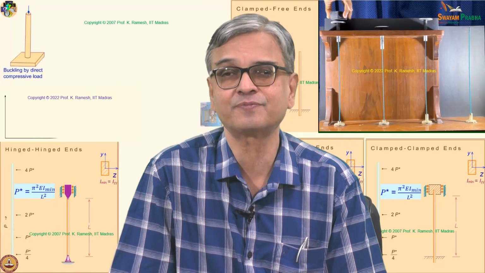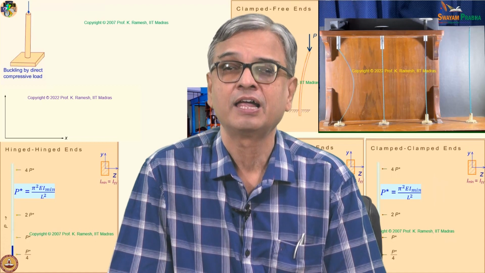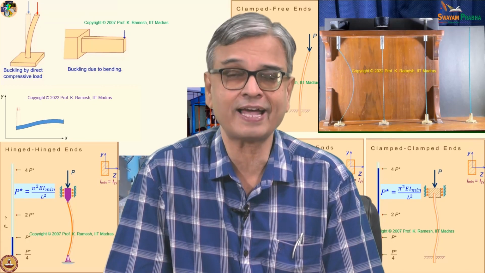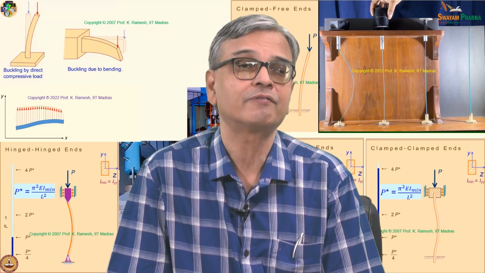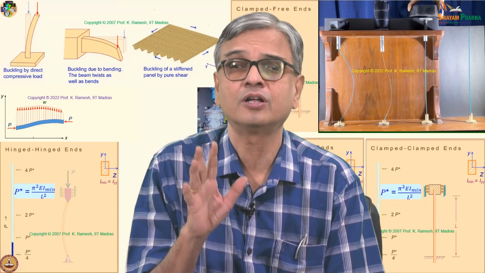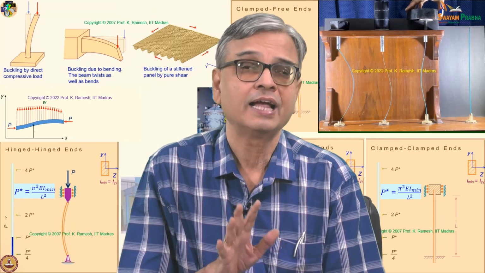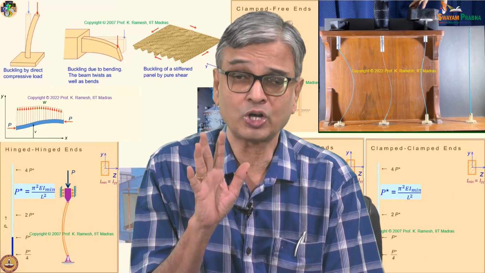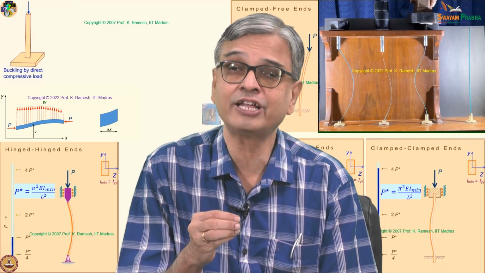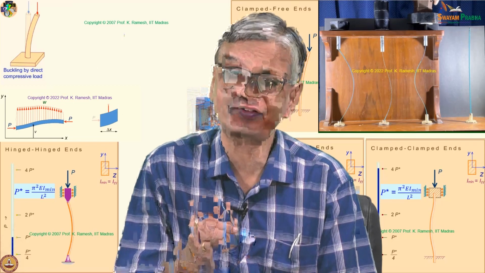So, in this class, we have looked at stability. I said stability is an issue where, from a mathematical analysis point of view, we will confine our discussion to column buckling, and because we are investigating stability, we have to write the governing equation in a deformed configuration.